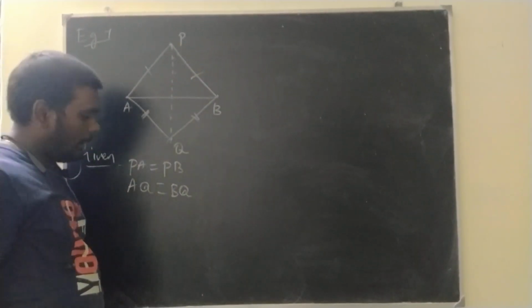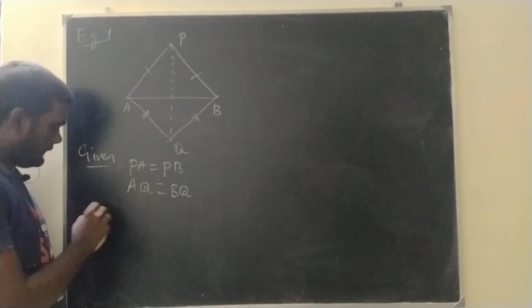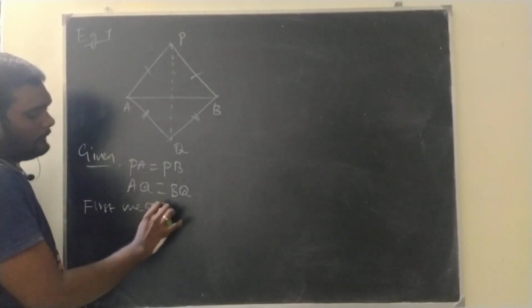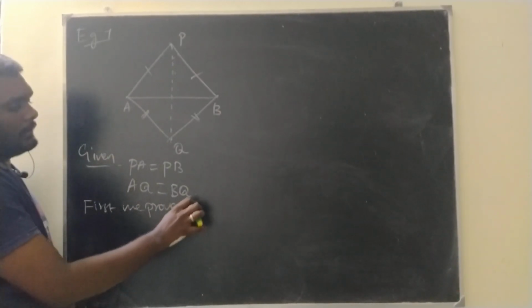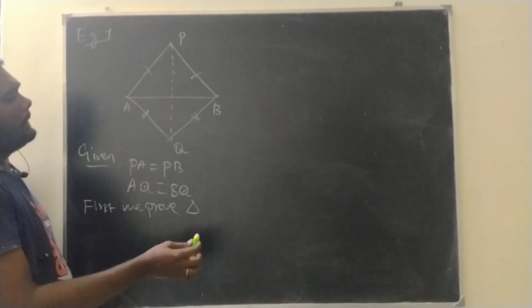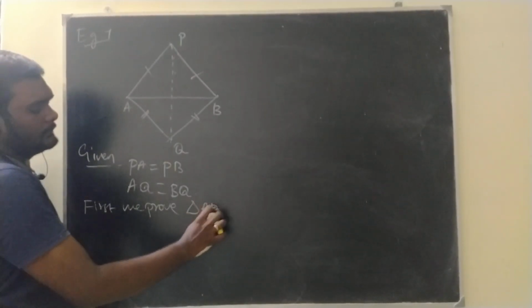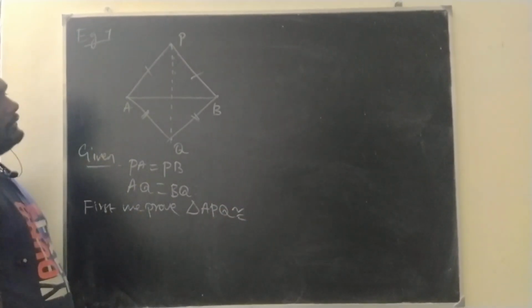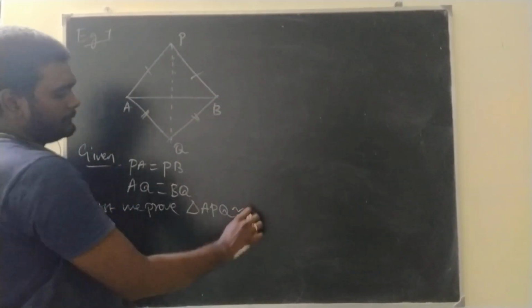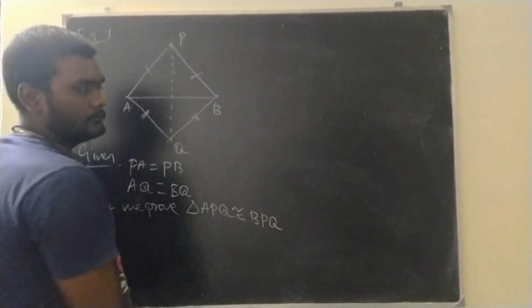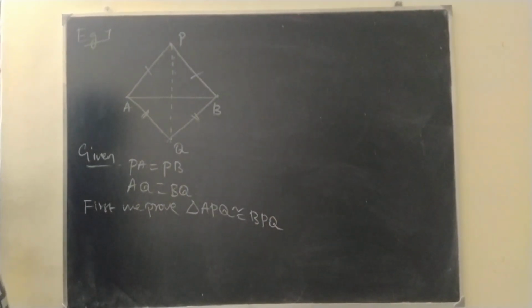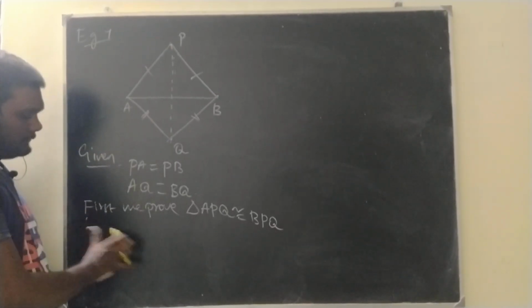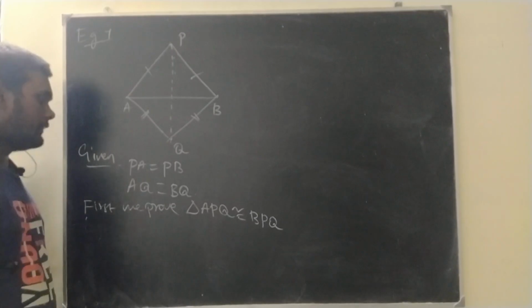For that, first we prove this triangle APQ is congruent to triangle BPQ. Okay, why? To get these two halves of the triangle equal.